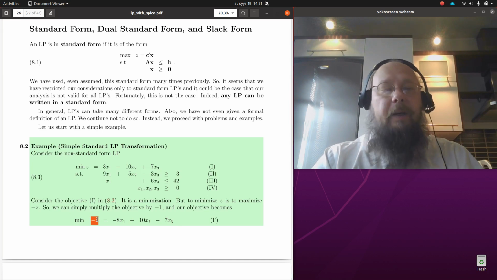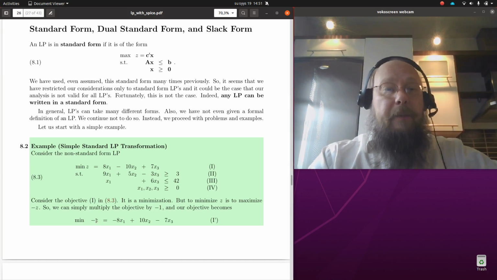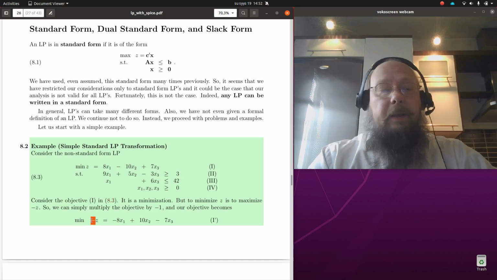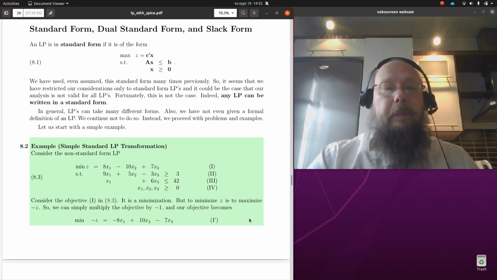I could have denoted, for example, w as minus z, or just abused the notation and used the new z for the minus z. But then, in solving this first LP, if I solve the standard form that comes out of here, I have to switch the signs in the solution. Formally this is maybe a slight problem.